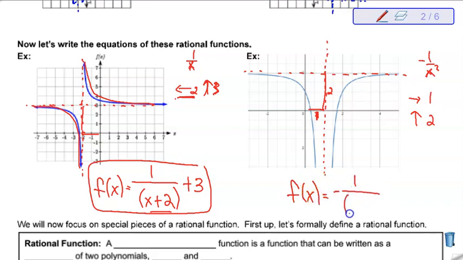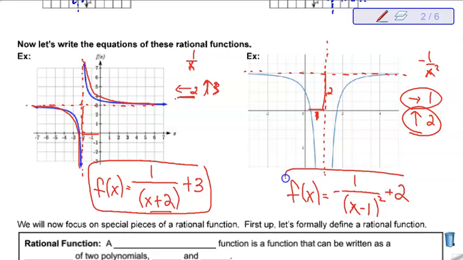We also need something squared in the bottom to have them going in the same direction. And now we have to account for going to the right by 1, which goes into that parentheses as an x minus 1. And then going up by 2 gives me that +2 at the end. And that would be our final function.